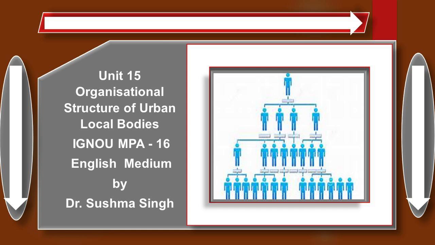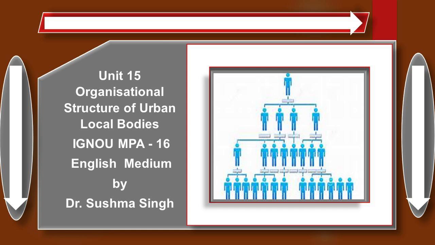Keeping in view the growing importance of urban local bodies, the Union government introduced the Constitution Amendment Bill in Lok Sabha in 1989, Constitution Amendment Bill 65, which could not pass and lapsed due to dissolution of Lok Sabha. Another bill, the 72nd, was introduced by the succeeding Janata Party government and met the same fate.